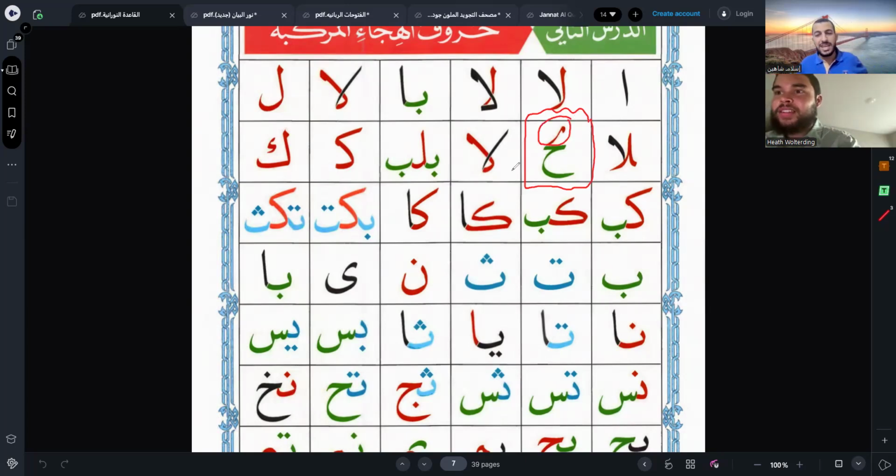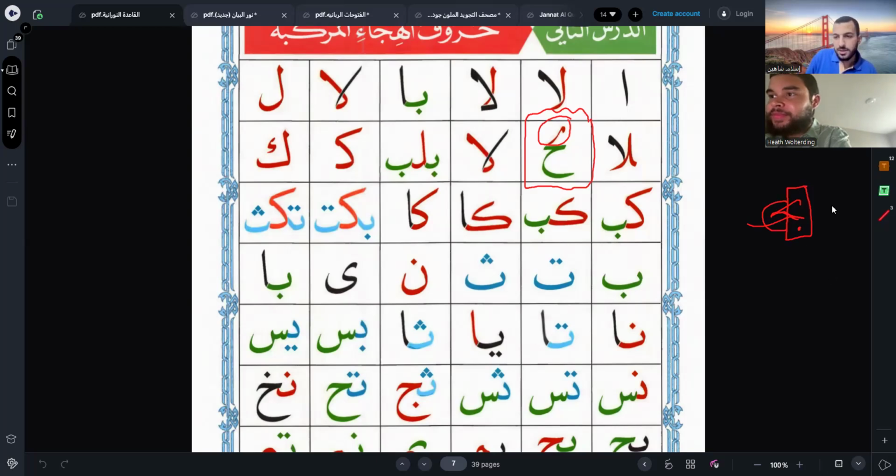Sometimes also we may have the same shape, but it's going to be for ba, ta, noon, tha. We may see it in the Quran like that. Having a dot beneath the letter, so ba and ha, or kha or jim, any one of them, but as we said, the top letter always comes first, which is the ba, then we have the ha after.